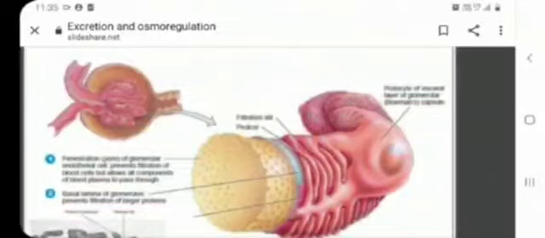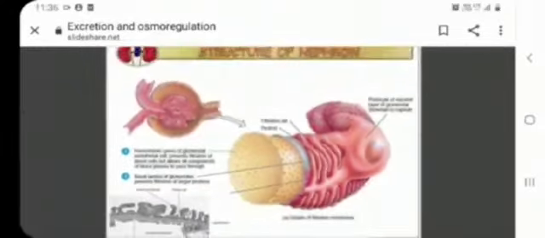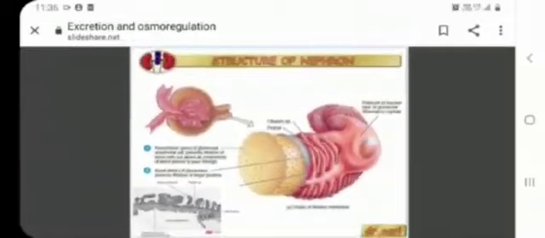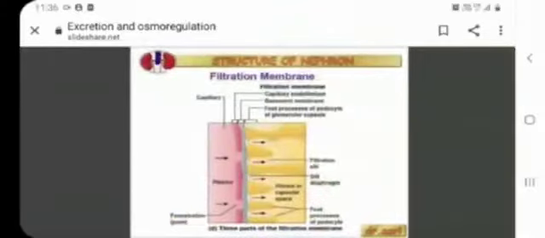Then there are the podocytes of the visceral layer of glomerular capsule. So it is through these pores or filtration slits that the blood is passed through and the larger particles get filtered.